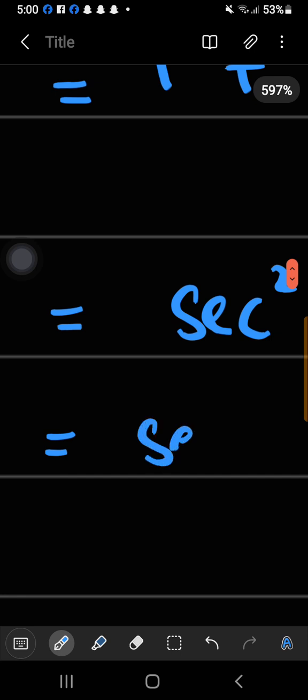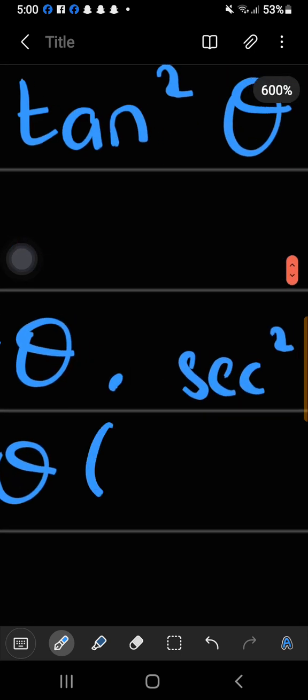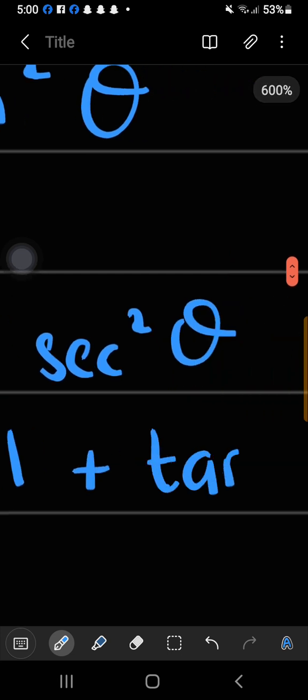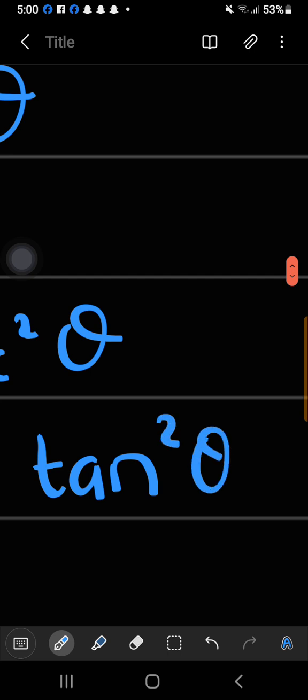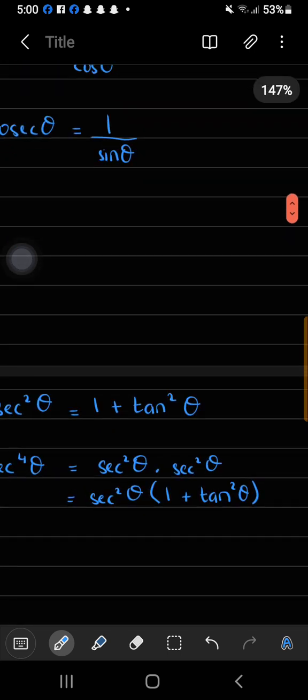So sec square theta multiplied by 1 plus tan square theta. Now it depends on the condition, because we can also write it as 1 plus tan square theta, the whole squared. It is also possible. It depends on the circumstances.